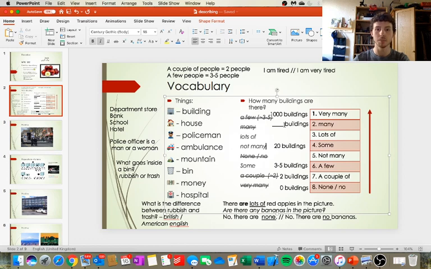Three buildings? So look, the numbers are going up. So we have 0, 2, 3 to 5, 20. At the top, very many buildings, 1,000 buildings. So how many here?